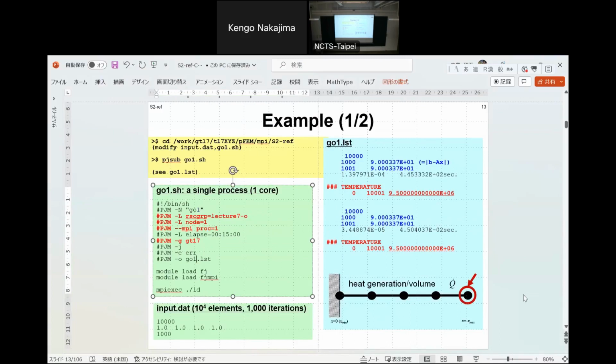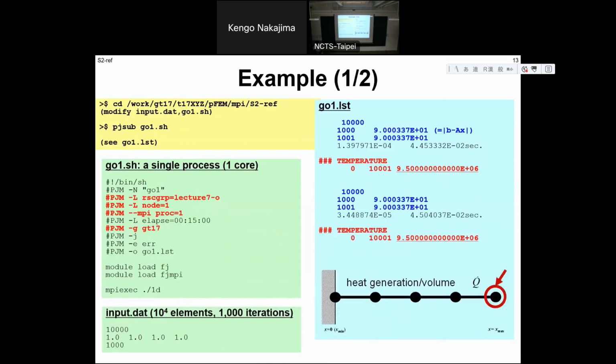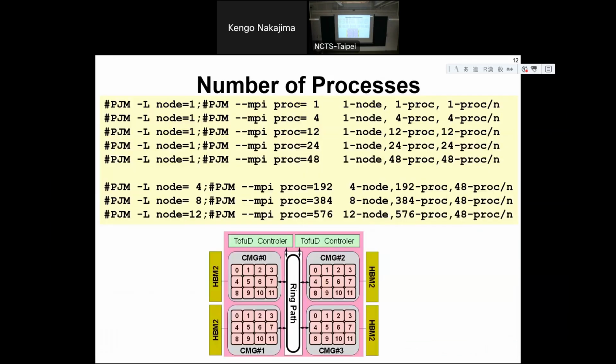Sorry about that. Okay, so this is a go1.sh, and this is a go2.sh. So anyway, so please change this resource group to lecture 7.0, and this one is GT17. Then you can run the file.